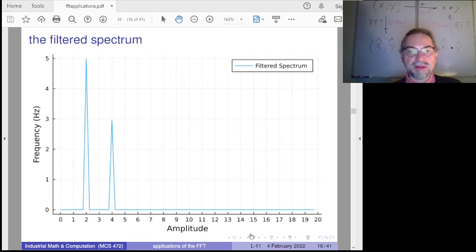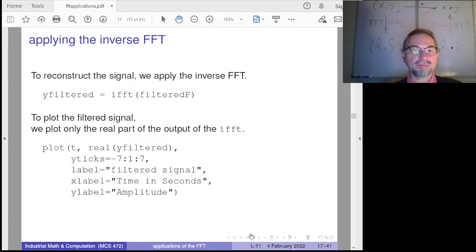Okay, we have filtered. I've showed you also last time already the FFT. What is the inverse? Well, it is IFFT. The only thing that we need to do now is make sure that we get the real parts only.